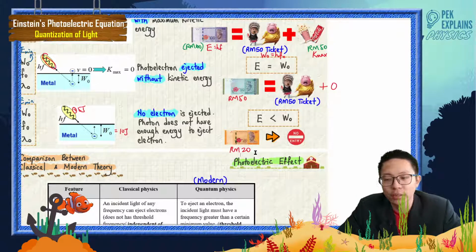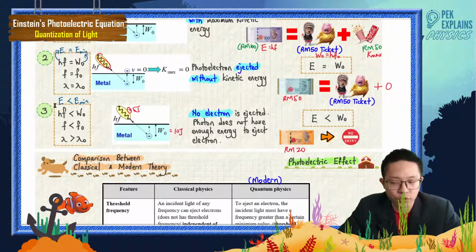Because your 20 ringgit is not enough to overcome the work function, the 50 ringgit ticket. Understand? So you cannot enter the show because the incident photon has less energy than the minimum energy required, or the work function of the metal surface. Okay. So no electron can be ejected.